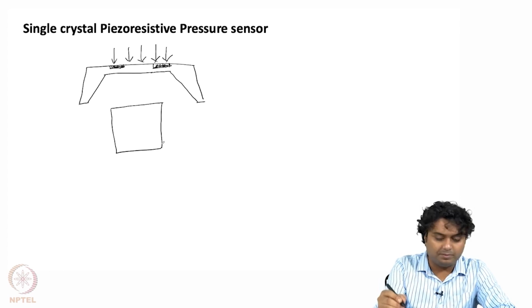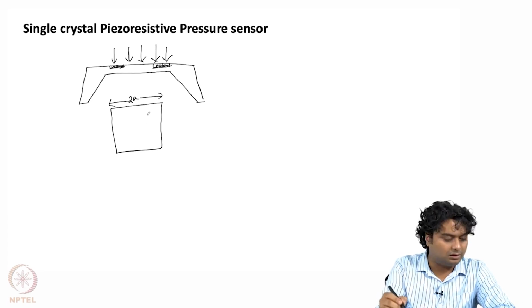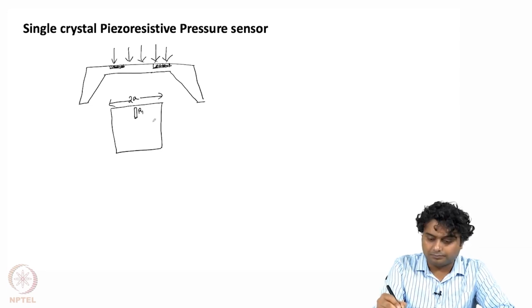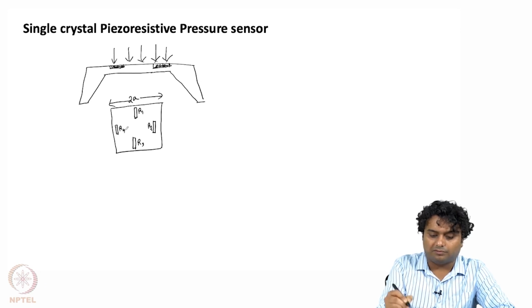So, this is the top view of the membrane. This side is, let us say, 2A, and we have four different piezoresistors. This is, let us say, R1, R2, and R4.